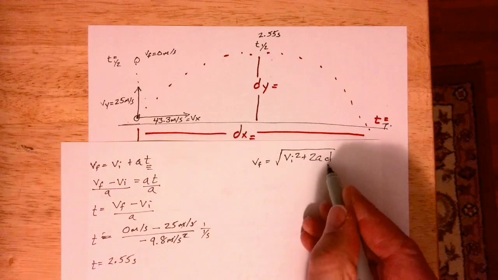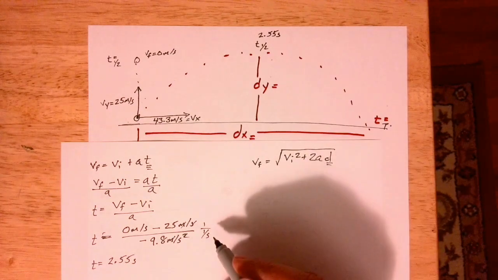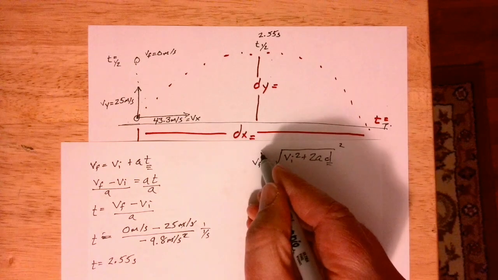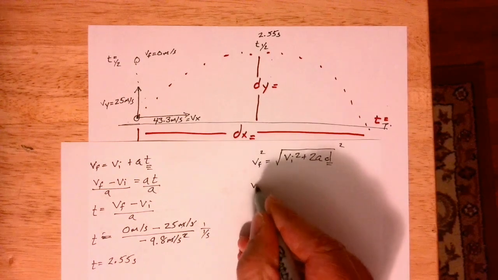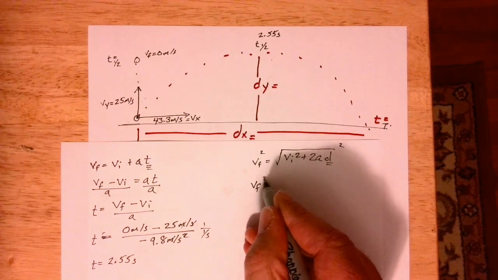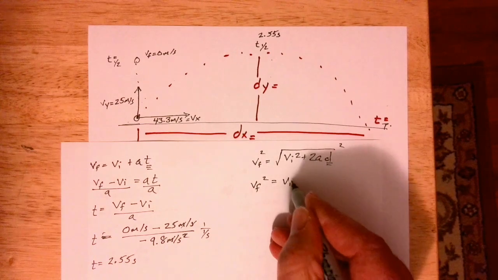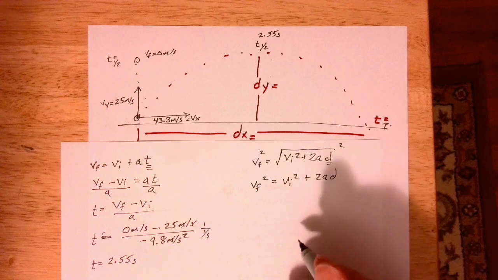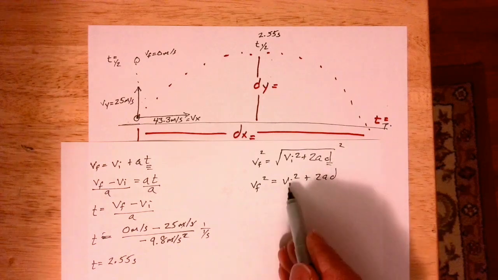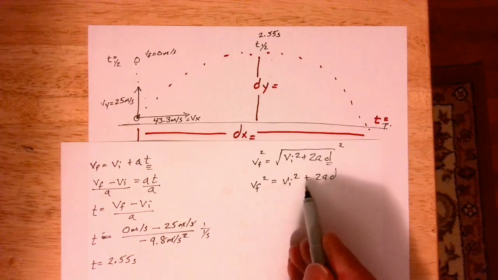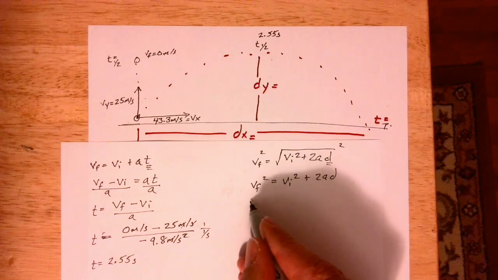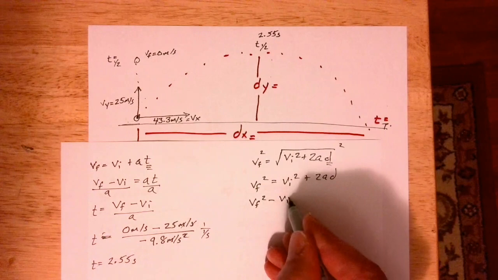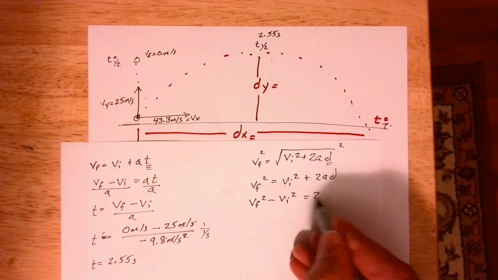I need to rearrange this, since I'm solving for the distance. I need to square both sides, so I get VF squared is equal to VI squared plus 2AD. Since VI squared is being added, I need to subtract it out, so I end up with VF squared minus VI squared is equal to 2AD.